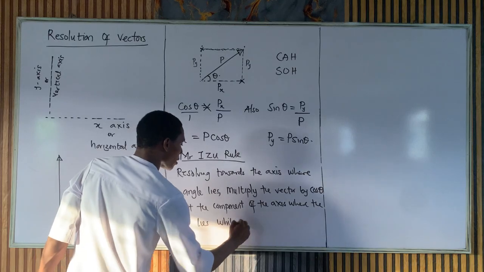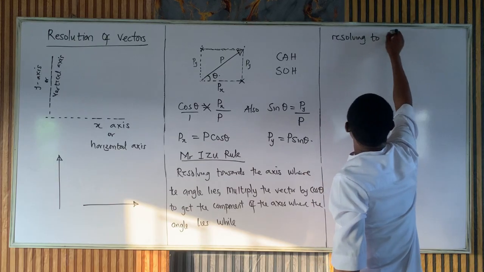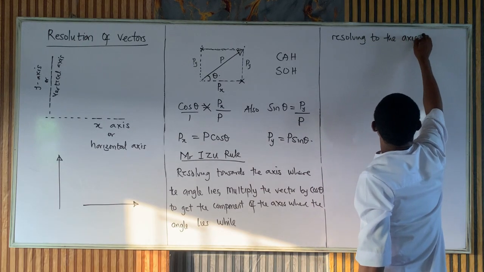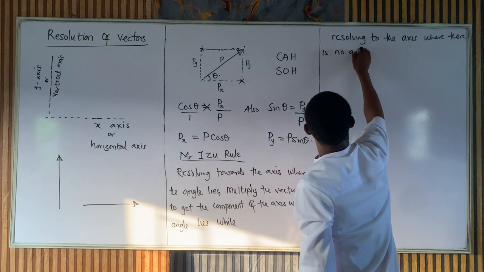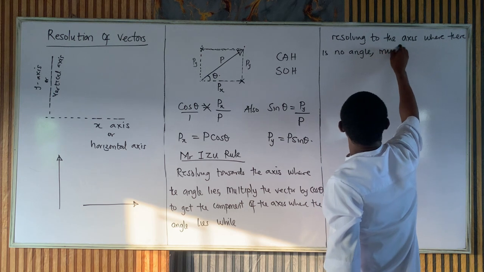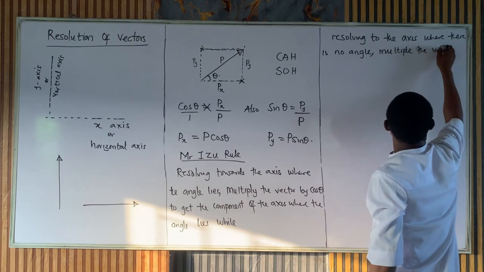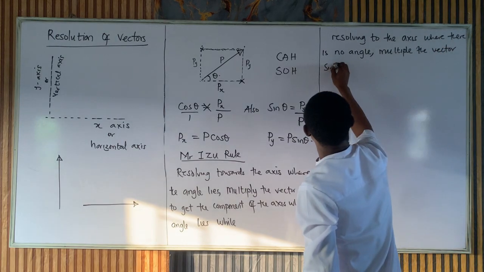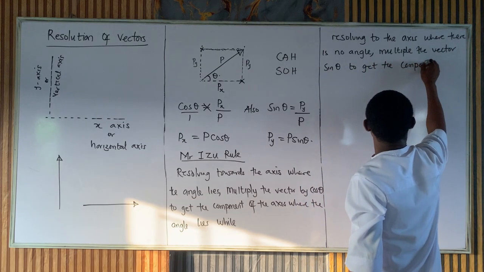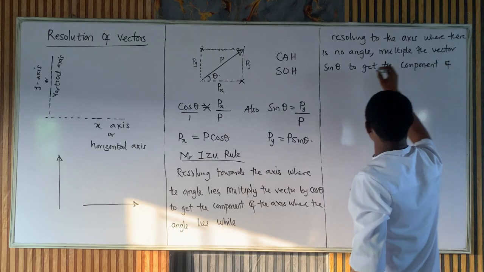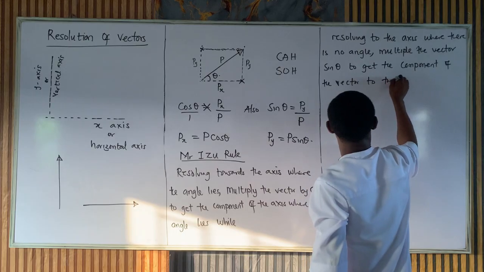While resolving to the axis where there is no angle, multiply the vector by sin theta to get the component of that vector to the axis.